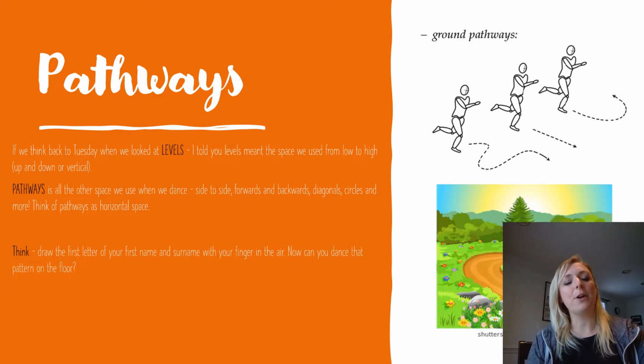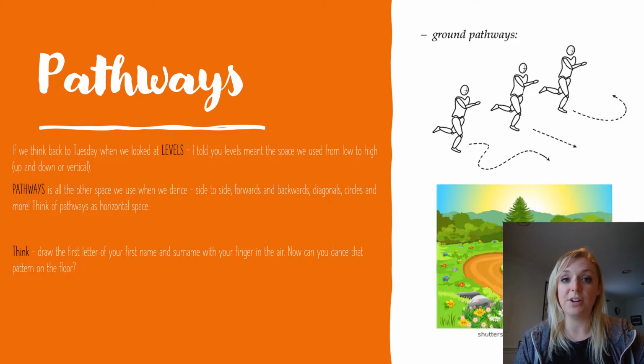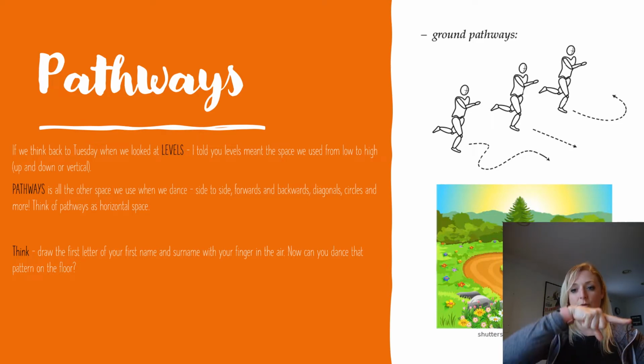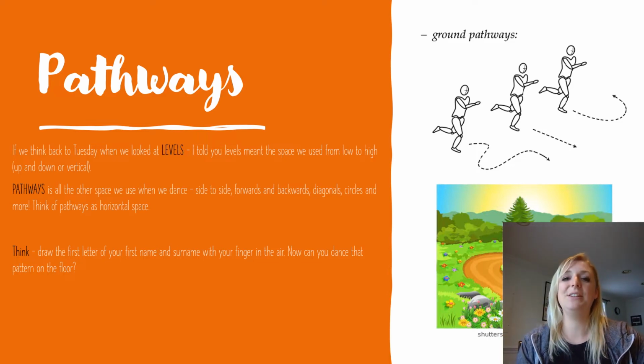So just to practice that, I'd like you to think about the first letter of your first name and the first letter of your surname and draw it in the air with your finger. So for example, my name is Alison Bates. So that would be A for Alison, B for Bates. So I would draw an A and a B. Can you do that now for your initials?